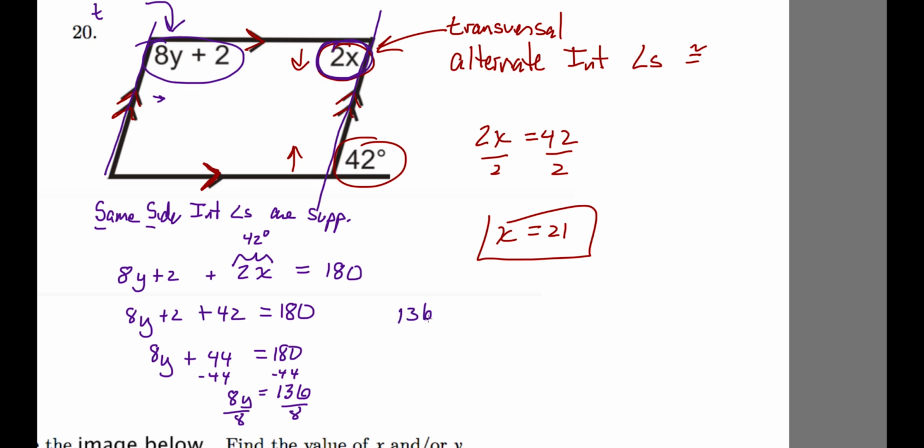And does 8 go into 136? 17. So y, there you go. Just kind of died on me there for a hot second. Y is 17. Okay, so that's 20.